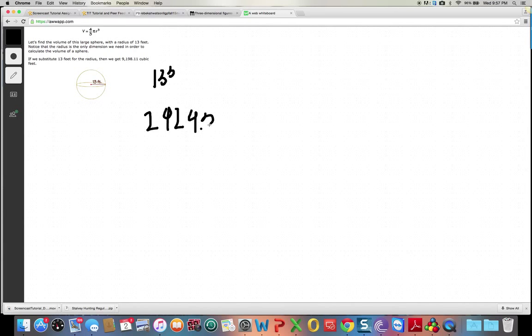And our final step is to multiply that by pi, and our volume for this is 9,198 and 1/10 feet cubed.